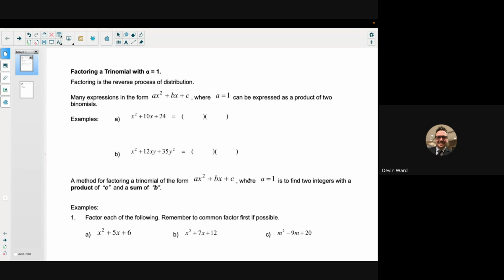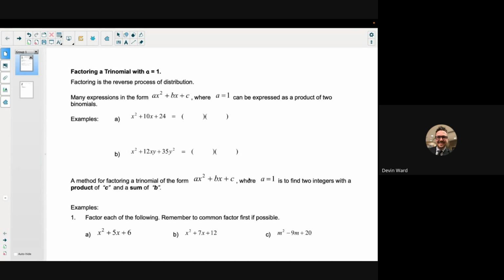So I have one of each variable, and they're each squared independently, and then they have both of them in the middle term. So let's look at what we did here. When we FOILed it, we had an x in the first position of each bracket and a y in the second position of each bracket. So that's how we need to set this one up.